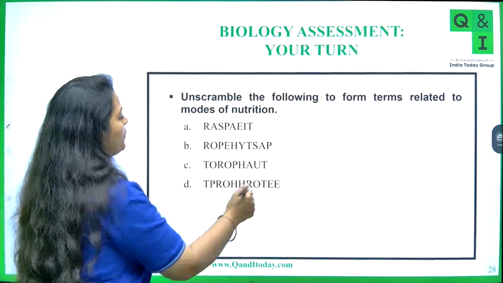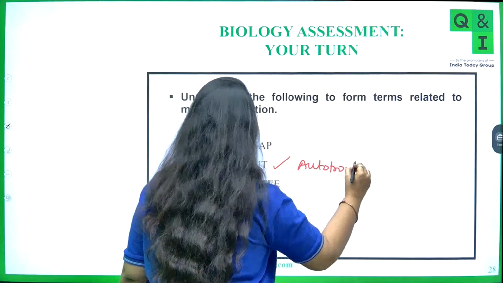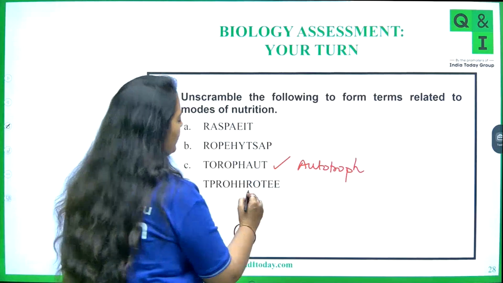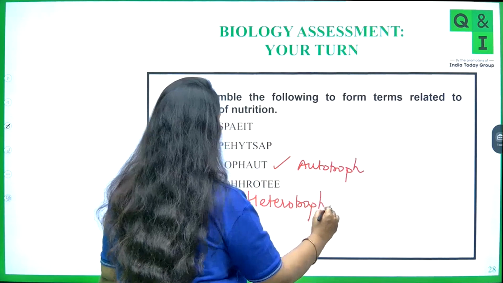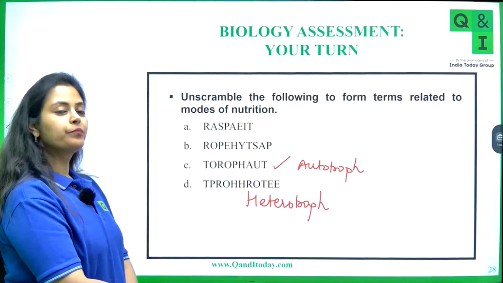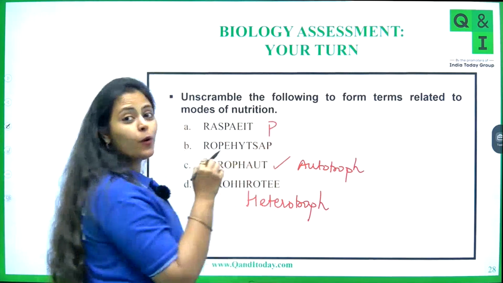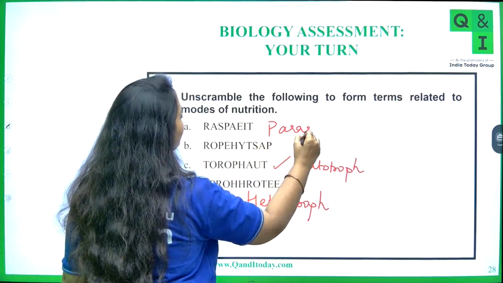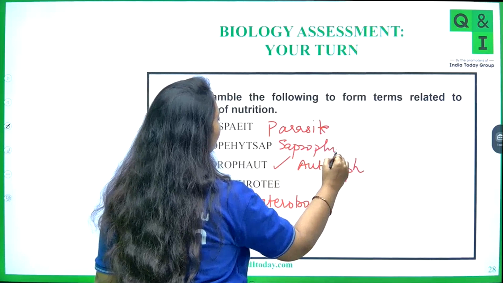Okay, autotroph. One is solved. Okay, next. Heterotroph. It is heterotroph. Okay, very good. Next. Parasitic. Very good. Who has solved it? Devi Maya. Yes, very good. So that is parasite and that is saprophyte. Well done everyone.